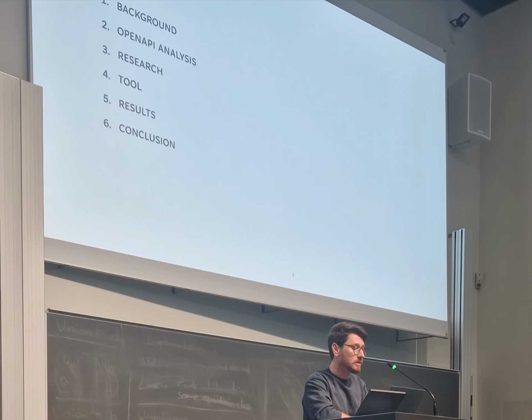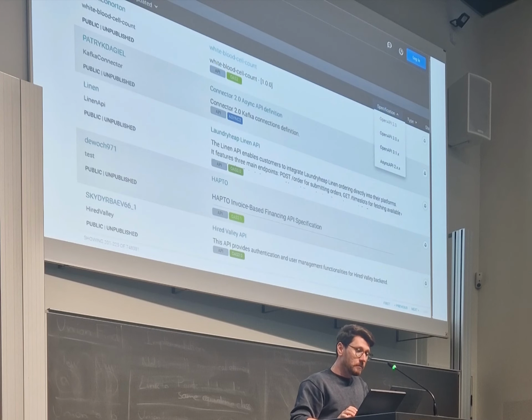I will present a small tool that I wrote in order to automate discovery of vulnerabilities, discuss the results, what I managed to find using this tool, and then a short conclusion and questions from your side, if you have any.